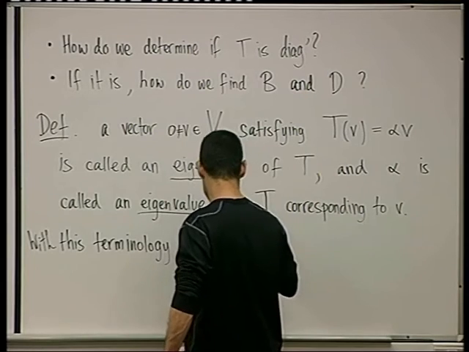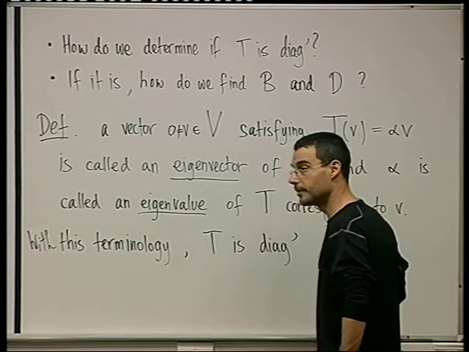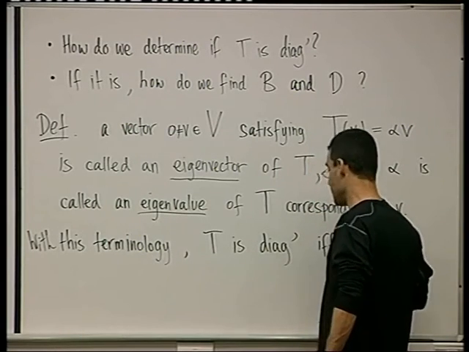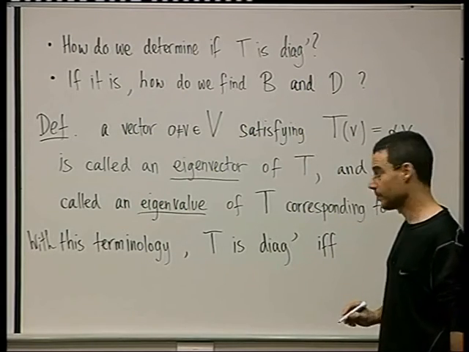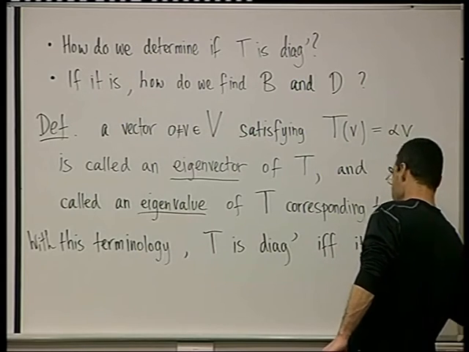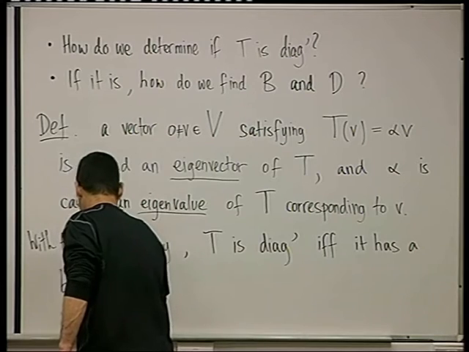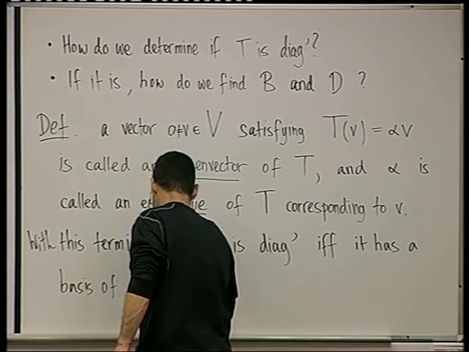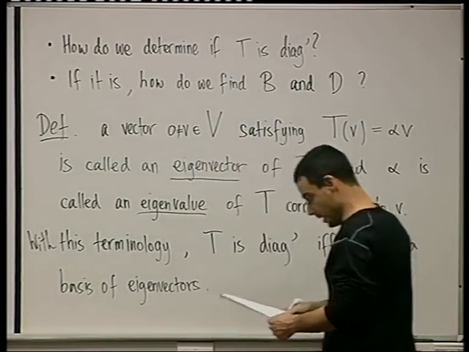T is diagonalizable if and only if it has a basis of eigenvectors. Do you agree?